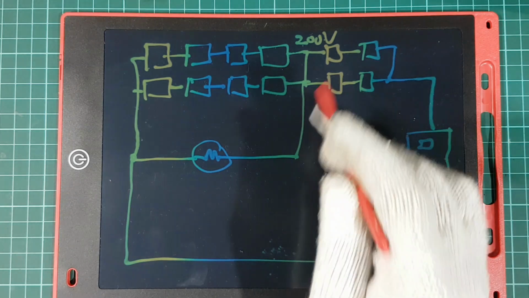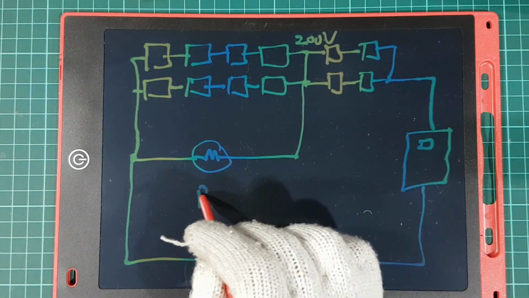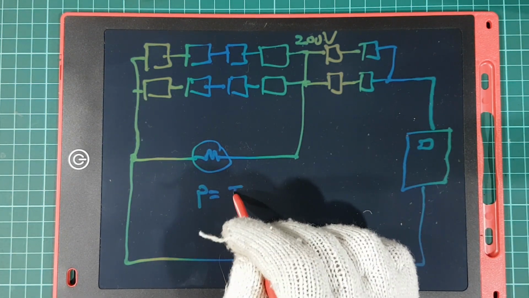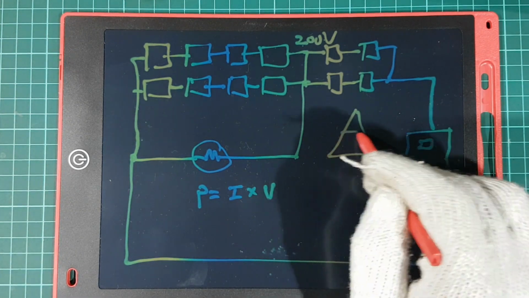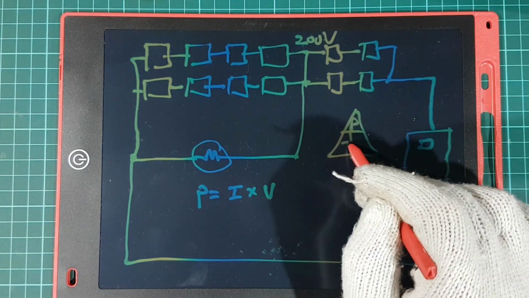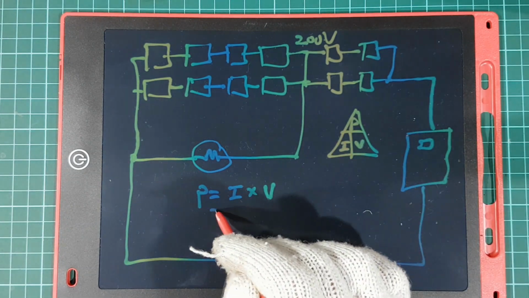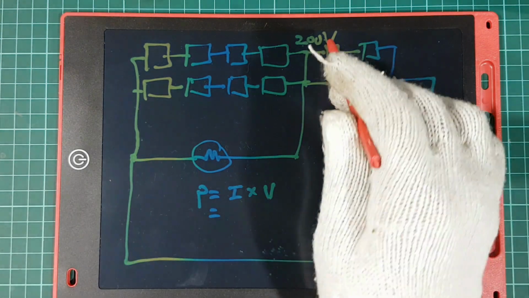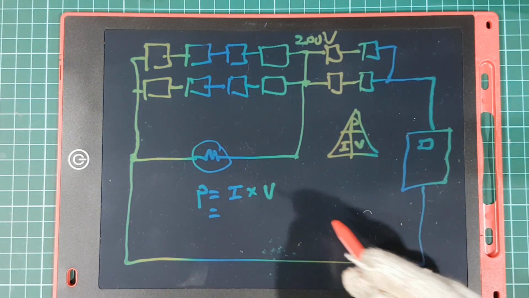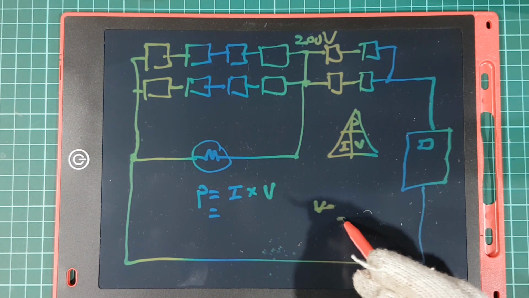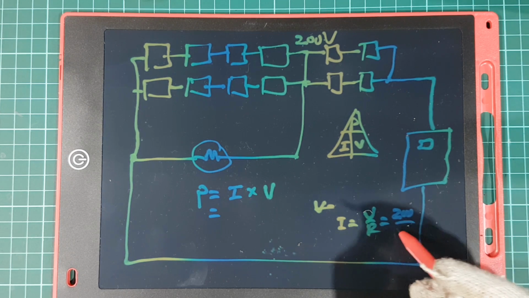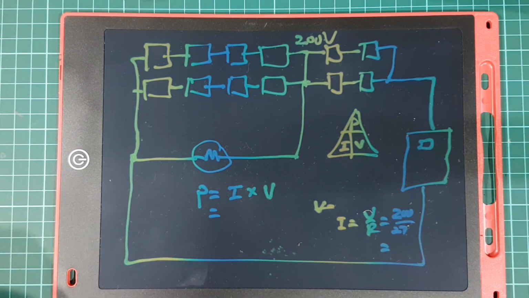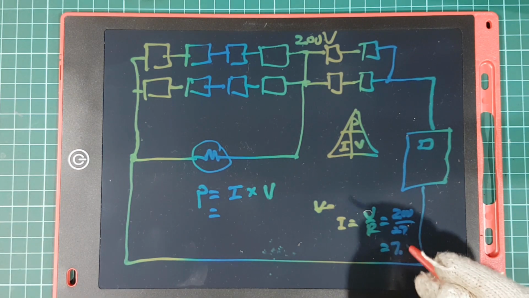So in my case I've got 200 volts, so the power is equal to I times V. Remember our triangle. So on 200 volts we have got 7.4 amps.